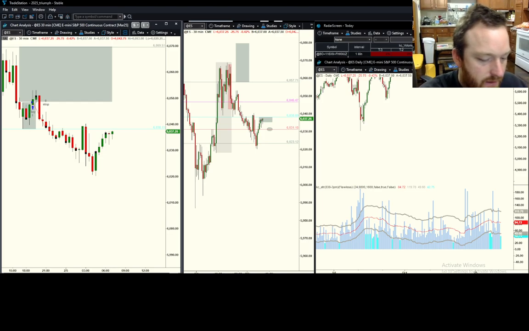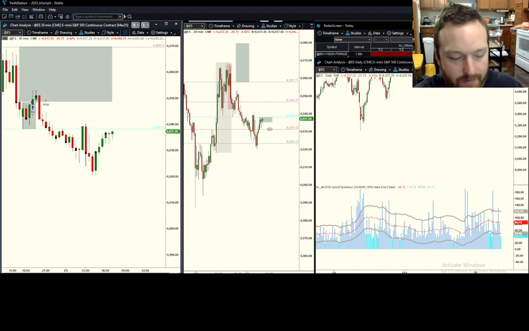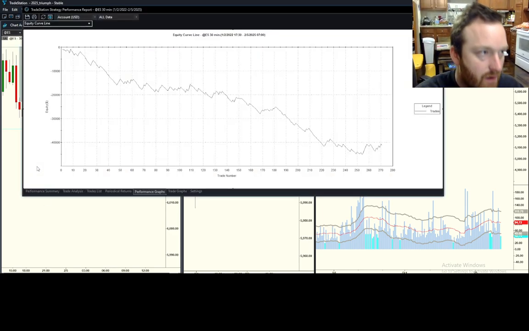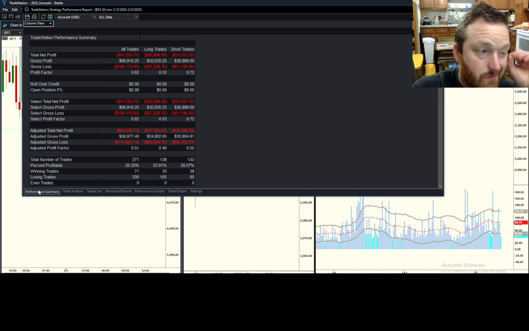0.5R. Stop is 2x of the breakout range. And that's it. I mean, what's the percent profitable? 74% profitable for 0.5R.